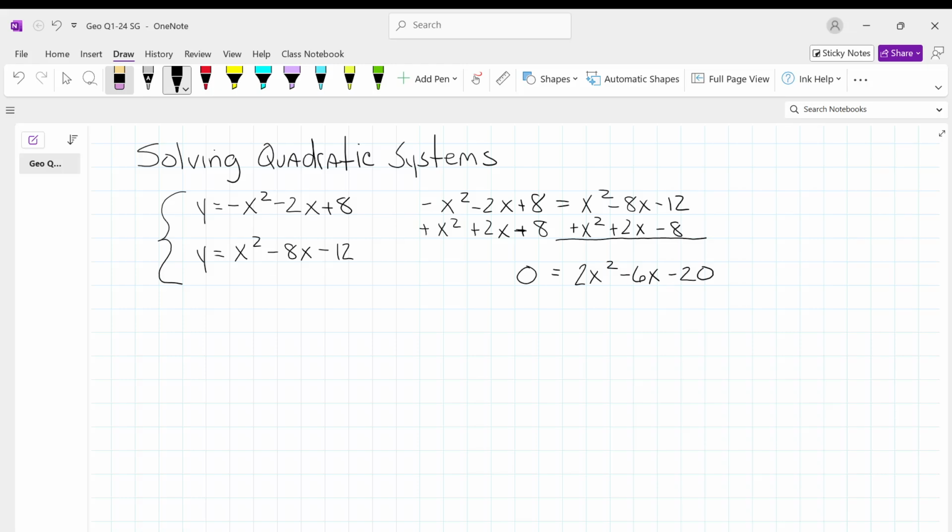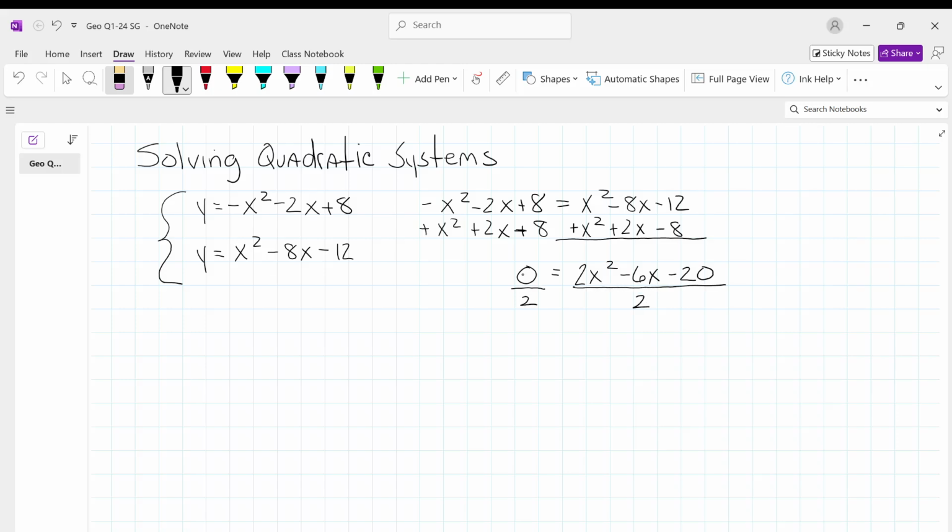Now, when you get to this stage of the problem, and you've got a leading coefficient other than 1, see if there's anything that every term is divisible by. And in this case, every term is even. So everything is divisible by 2. So look what you can do. You can divide both sides by 2.